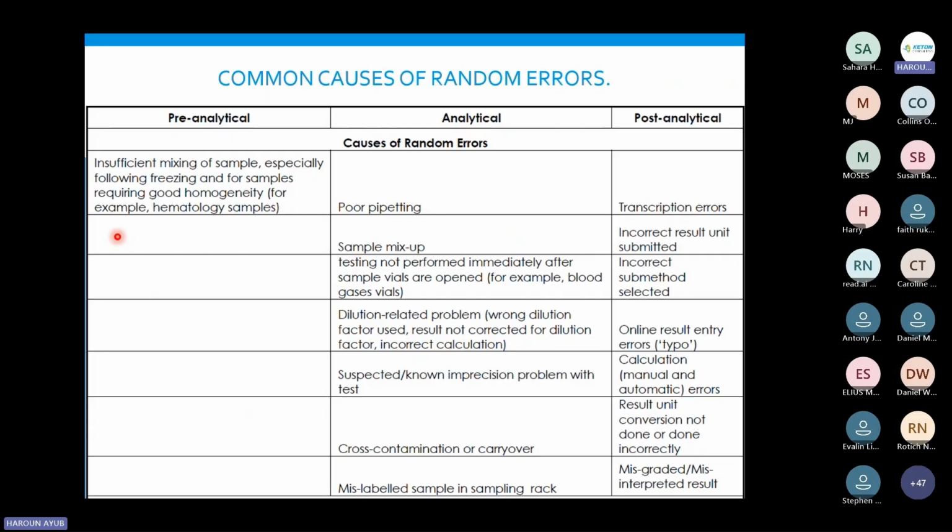Remember, for chemistry also, as we discussed last time, you have to allow it to attain room temperature for 15 minutes before you mix. And once you reconstitute your 5 ml, remember you put it in the dark without mixing. After the 30 minutes or 20 minutes that is instructed, then you'll be able to mix.